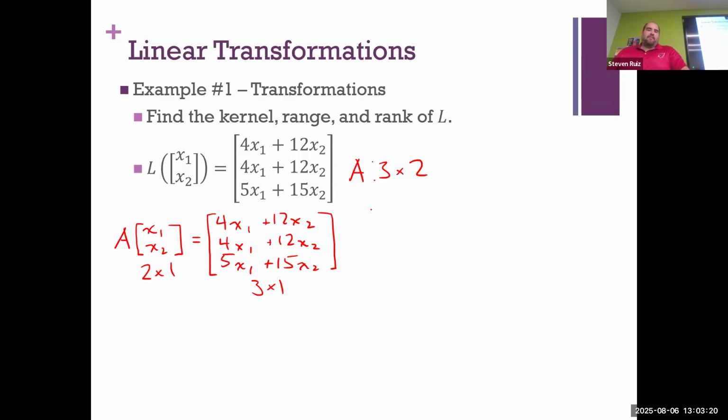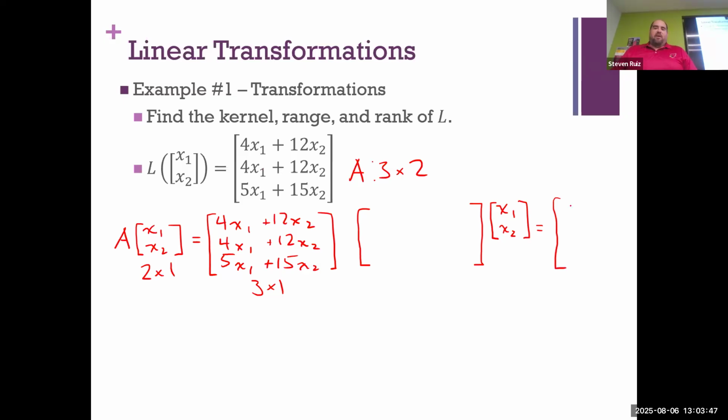But what does that look like? So basically, if I fill this in and I multiply it by this column vector x1, x2, what will give me these outputs, the 4x1 plus 12x2, and so on? Let's take it row by row.